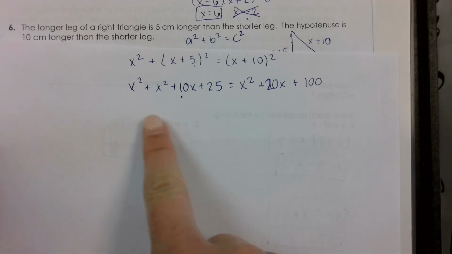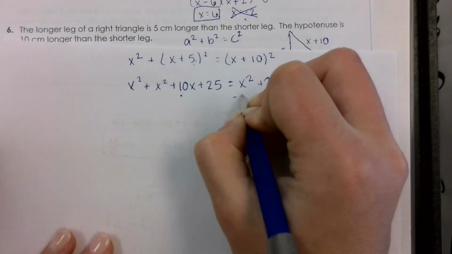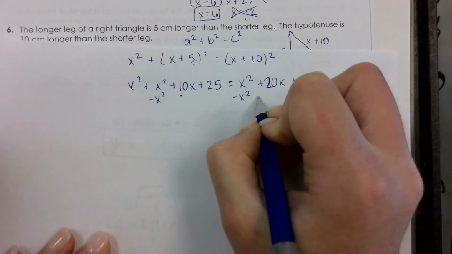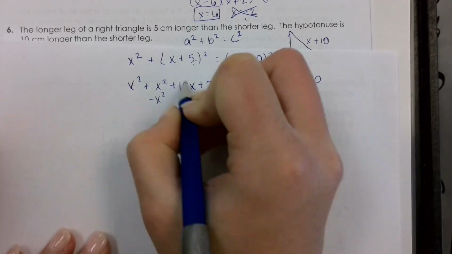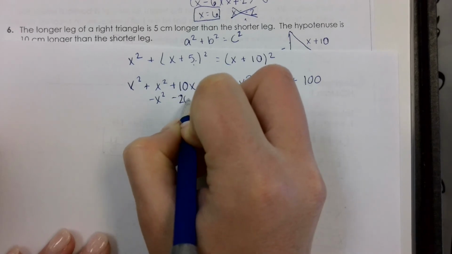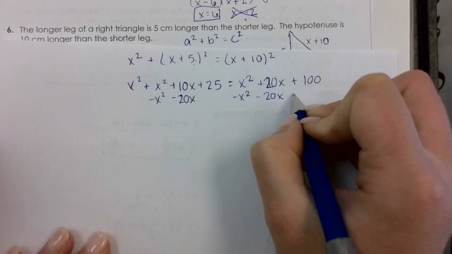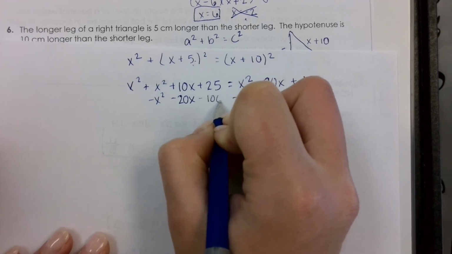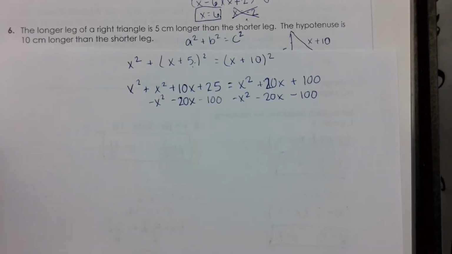What do we need to do from here? Move everything over. So we're going to minus the x squared, and I'm going to put it below another x squared. Then we got a minus 20x. So I'm going to put that below our 10x because they're like terms. Then we're going to minus 100, and I'm putting that below 25 because they're like terms as well. Is that okay? So whenever you're moving that stuff over, just put it below your like terms.